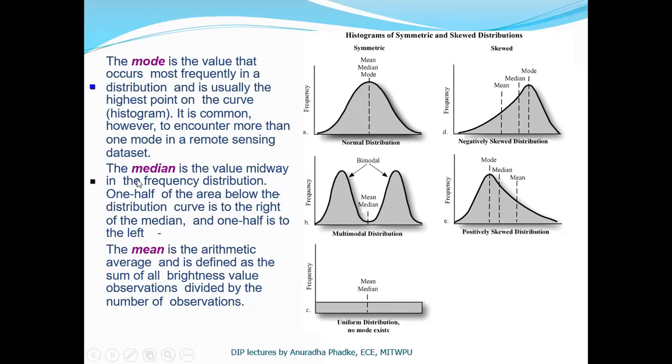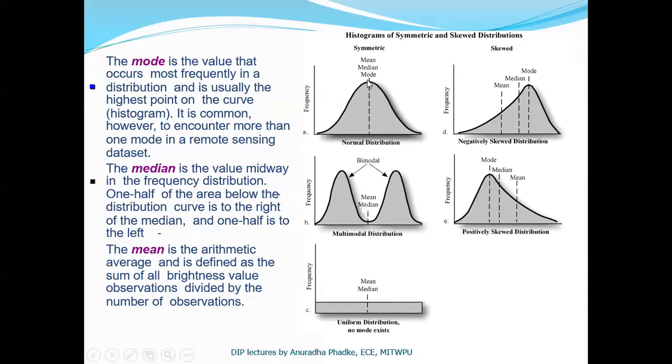Then what is median? Median is the value midway in the frequency distribution. Midway means one half of the area below the distribution curve is to the right of the median, and one half of the area is to the left of the median. Again, for a Gaussian distribution, as it is symmetric around the center, the median point is the same as the mode point.